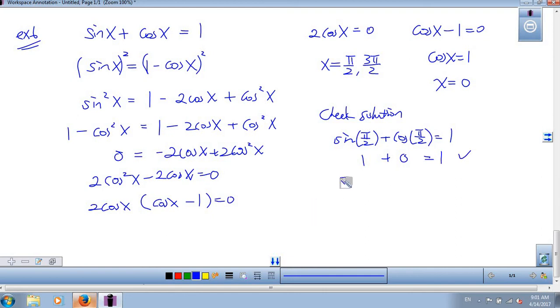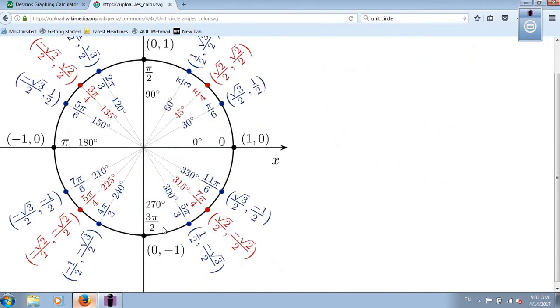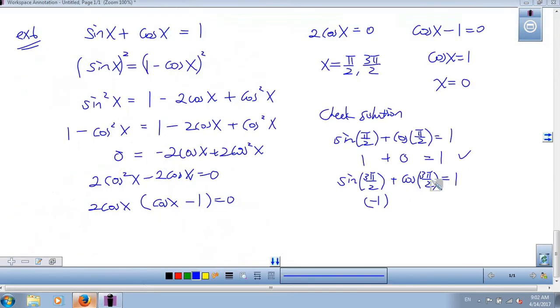What about sine of 3 pi over 2 plus cosine of 3 pi over 2? Sine of 3 pi over 2 is negative 1, cosine of 3 pi over 2 is 0, so negative 1 plus 0 is not equal to 1. That is not a check.